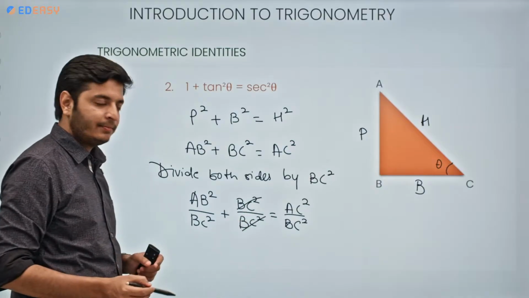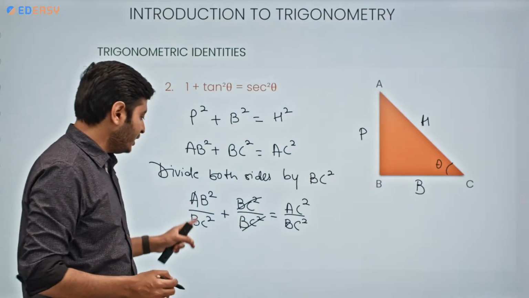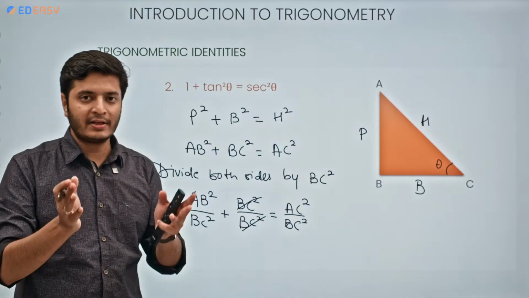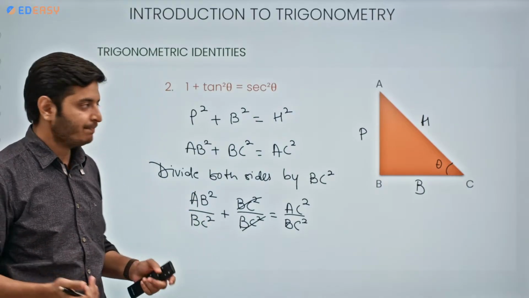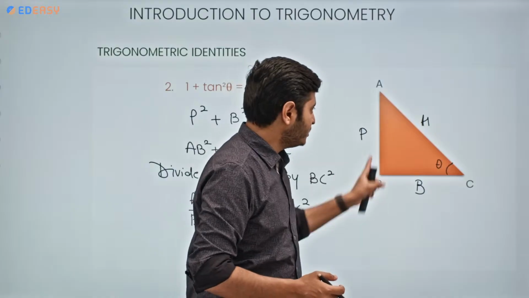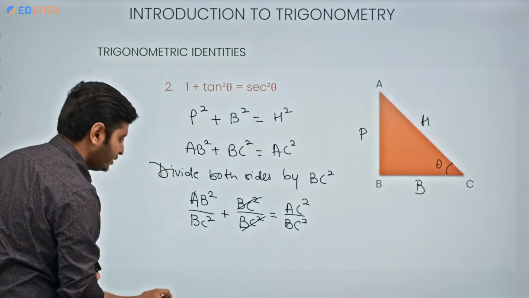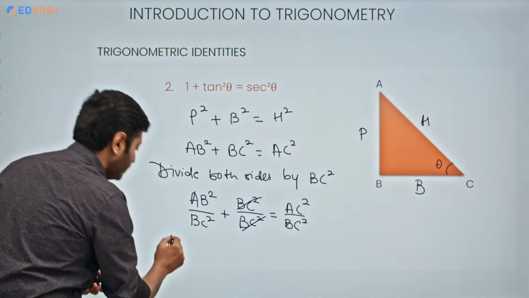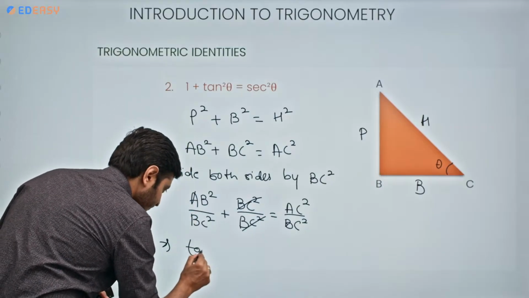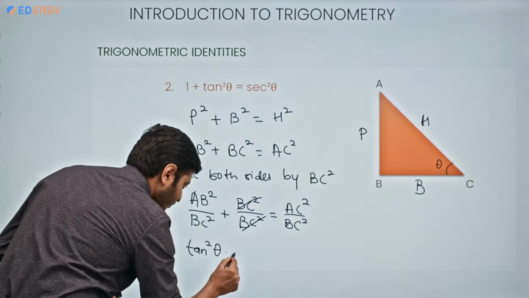They are going to cancel each other. Here, as we can see, in AB square by BC square, we can take the square common, so it will become AB by BC, whole squared. AB by BC is perpendicular by base. Perpendicular by base is tan theta, but squared value, so it will become tan square theta plus 1.